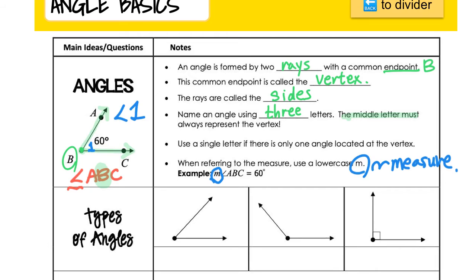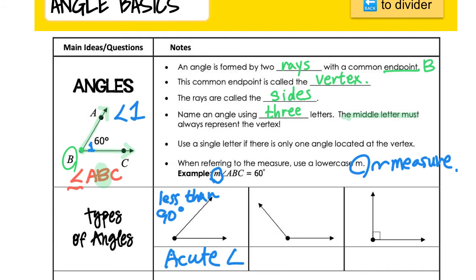Now let's check out the types of angles. I'm sure you already know this. When you have less than 90 degrees, the angle is called acute angle.